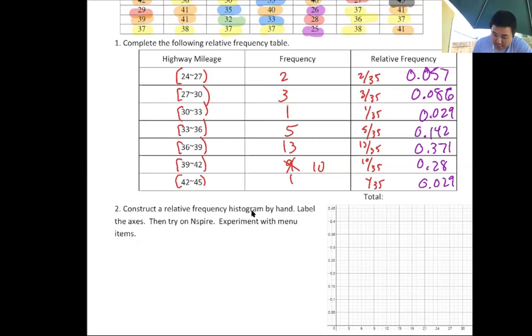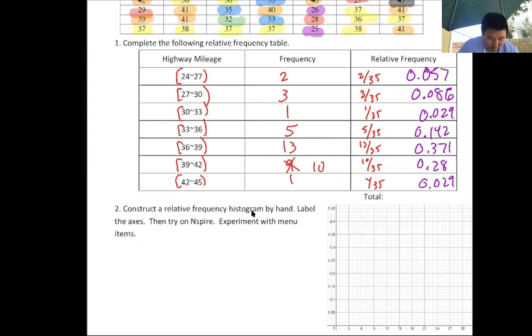So, for instance, it tells you that this percent is like 67% or something like that.